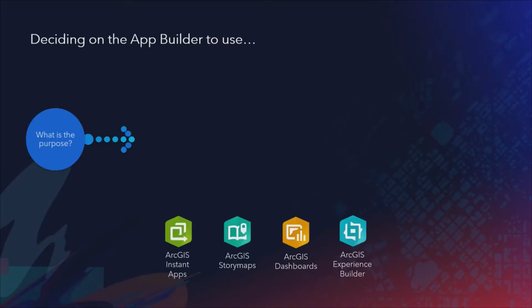So how do you decide which of these four to use? Well, a recommended way for thinking about it is to ask yourself these four questions. Firstly, what is the purpose? What's the aim of this app? Why are you building it? Secondly, who is the audience? Who's actually going to be accessing this? What kind of devices might they be using?